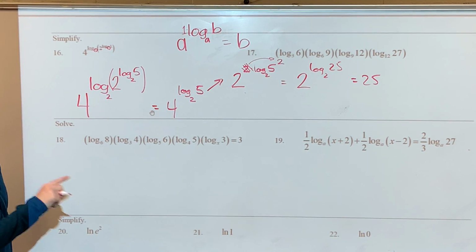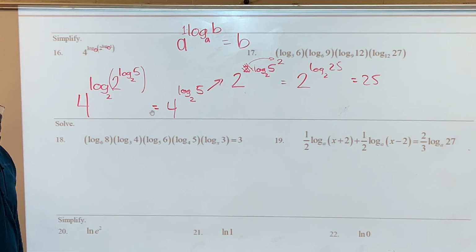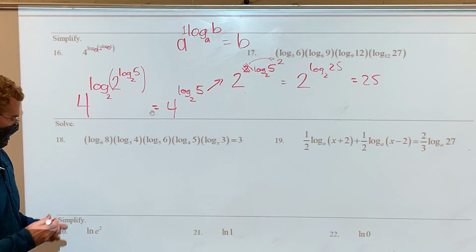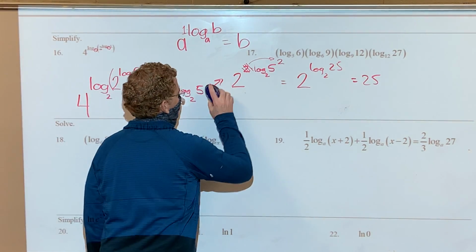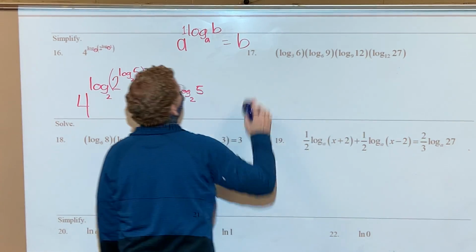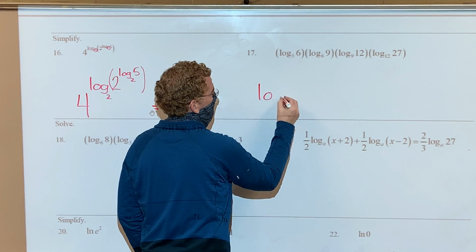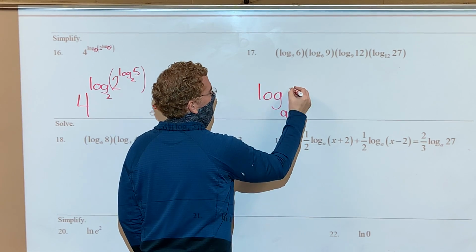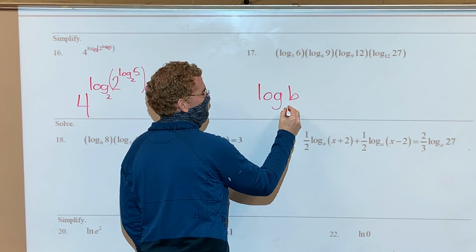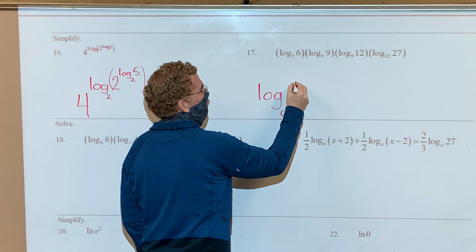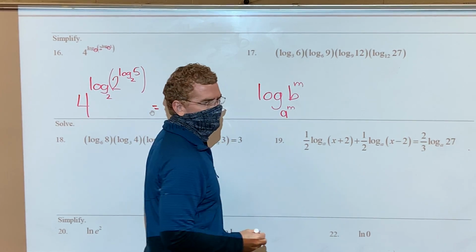But there is a shorter way to do this. Like much shorter. Check this out. Is it true that if I have a logarithm, or you tell me if it's true, that I can raise that and that to the same power?